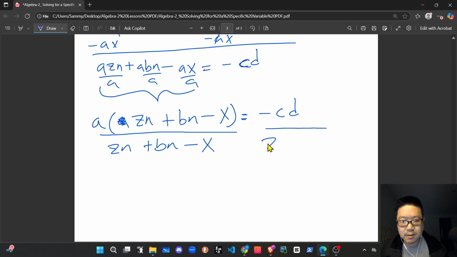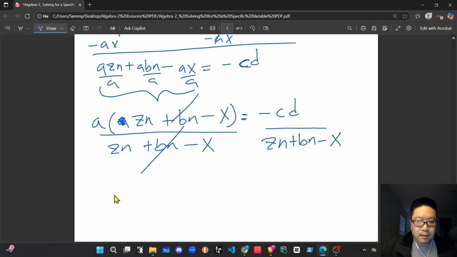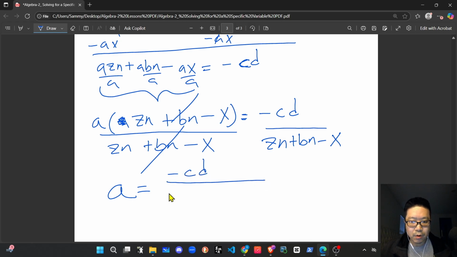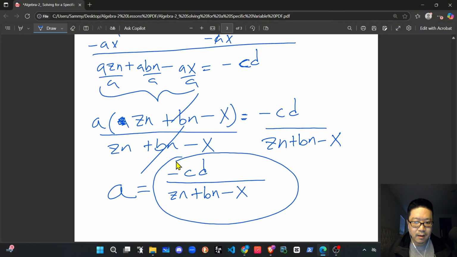So let's do that: Zn plus Bn minus X. When we do that, the expression in the parentheses will cancel, leaving us with just A by itself equals negative CD over Zn plus Bn minus X. And now we have isolated A, and that is what A is equal to.